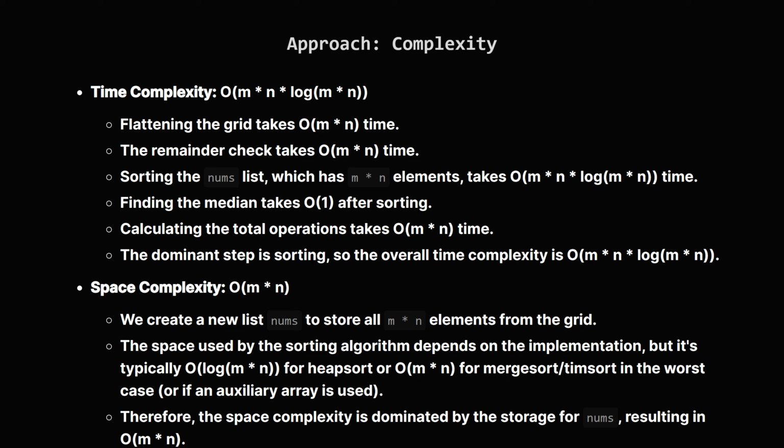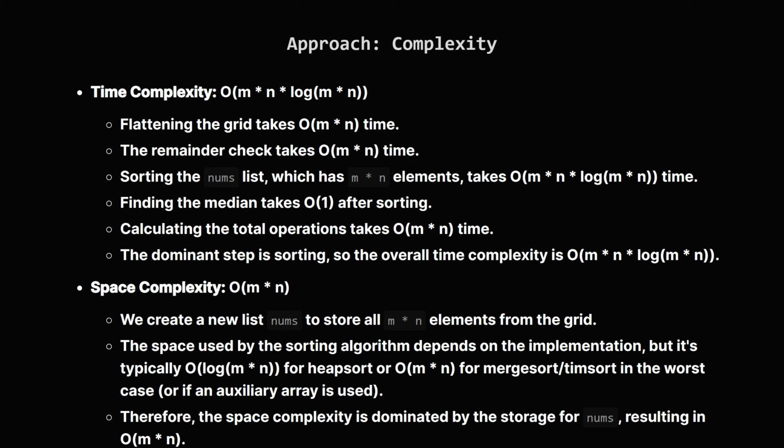Calculating the final sum of operations involves iterating through the m times n elements again, taking O(m*n) time. The dominant factor is the sorting step. Therefore, the overall time complexity is O(m*n*log(m*n)). For space complexity, we create the nums list to store all m times n elements from the grid. This requires O(m*n) space.